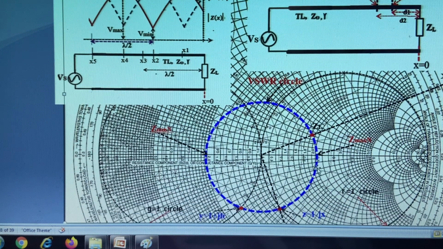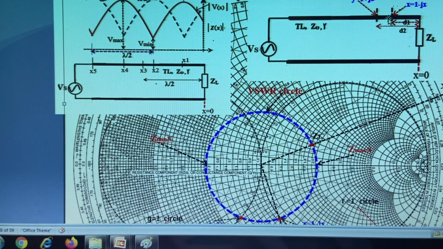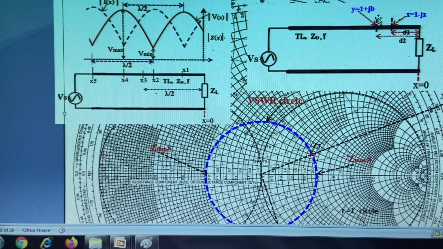And again, as you move further, at some position at a distance d2 from the load ZL, there may be an admittance in this form, 1 plus jb.